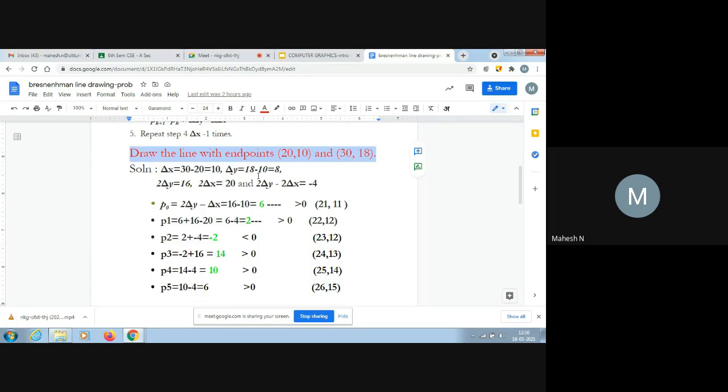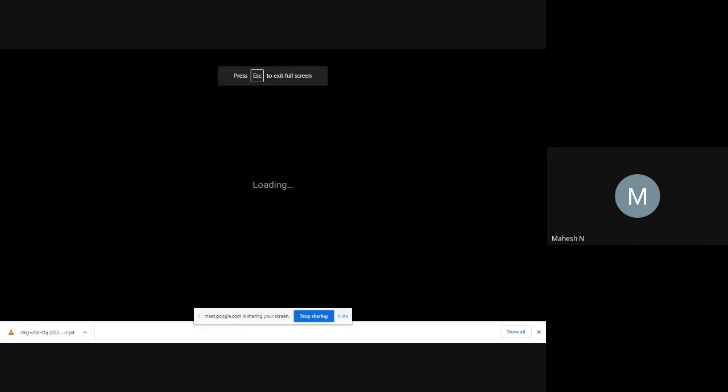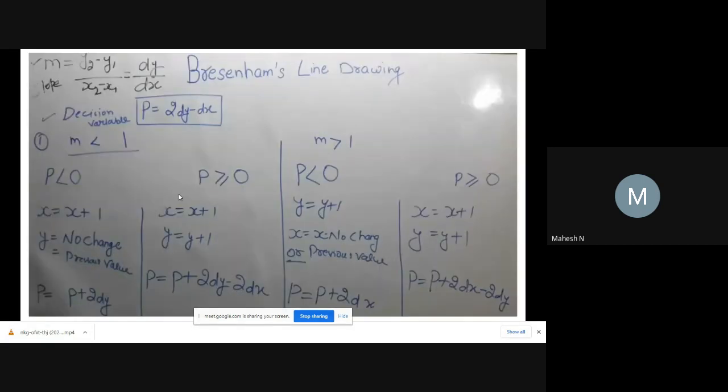So from 20,10 to 30,18, you should go on finding the points using Bresenham's line drawing algorithm. So when you plot those points, it will look like a straight line. I will show you. Okay, right? So now, what are the things required here? To go on finding the decision variables and all those things, I require 2 dy, sorry, dy.